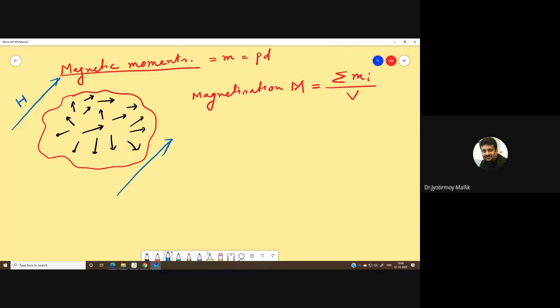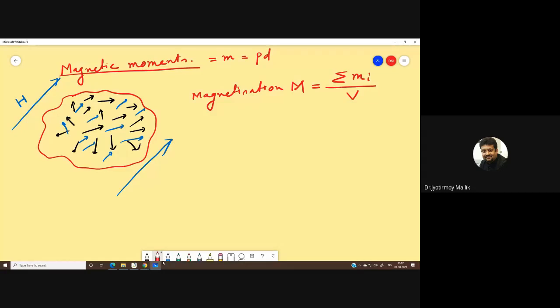Some of them will be aligned more, some of them will be aligned less, but overall, it will try to align the magnetic moments which are present in that mineral according to that field. Okay. So now how much magnetic moment will be aligned is defined by this particular formula.